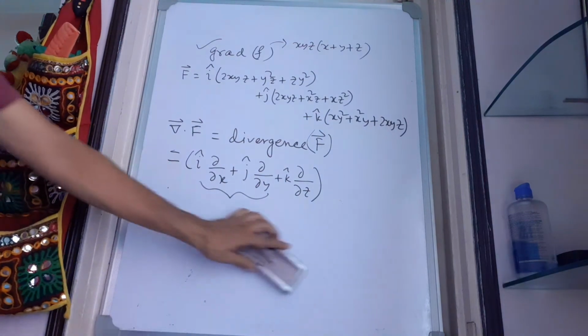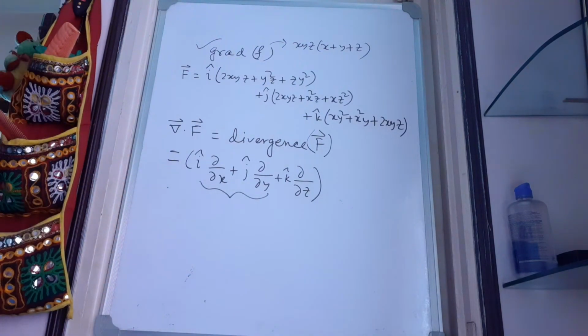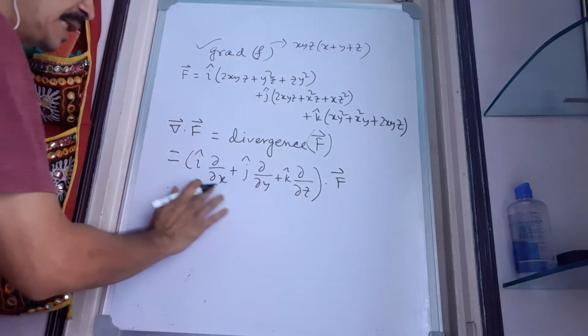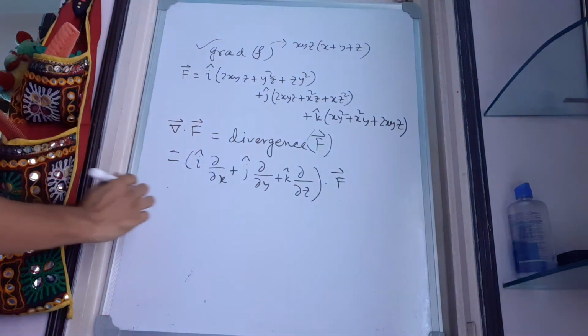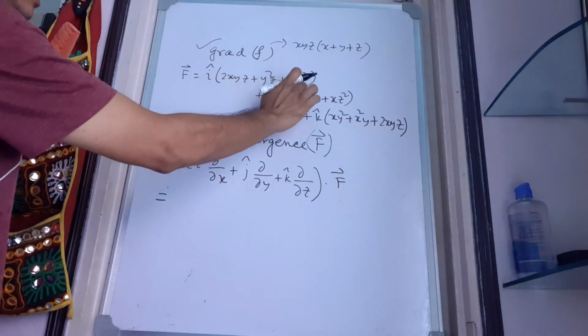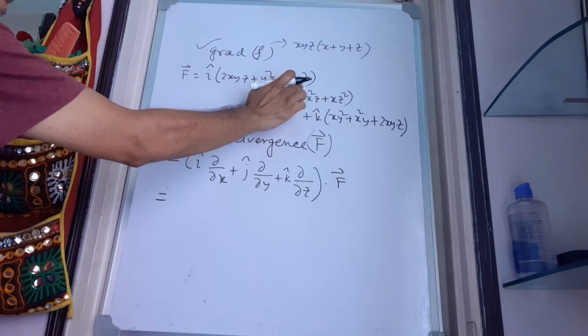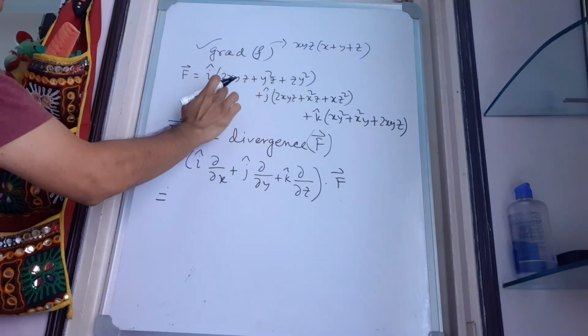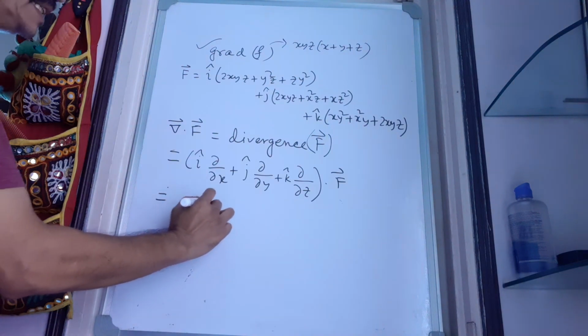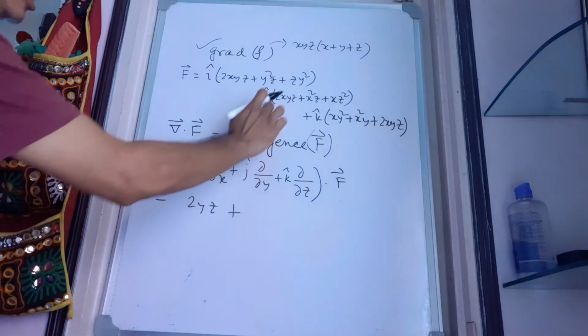Okay. So, coming back to the divergence, we get del dot F, where F is nothing but this. So, we can easily calculate del/del x of this term only. Just see. Here we have x only in the first term, no x here, no x here. So, we will have 2yz, plus del/del y of this term only.